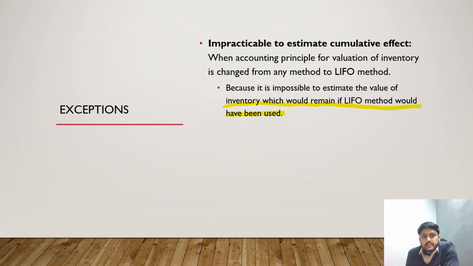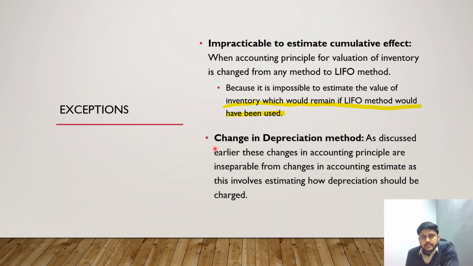So what will happen in that case? You will document the effect on prospective basis only. You do not have to go back and calculate for all the prior years. You'll just keep documenting in the new method going forward, not backward.